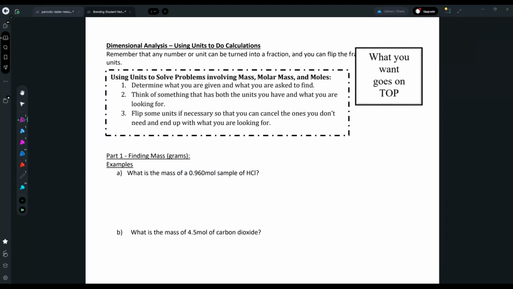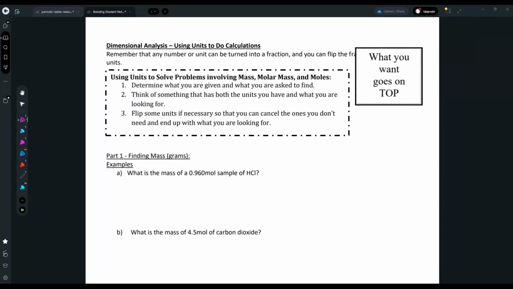So now we're going to get into more calculations, and for the next couple of sections here, we're going to be finding mass from moles and molar mass, and then finding moles from mass and molar mass. Okay.